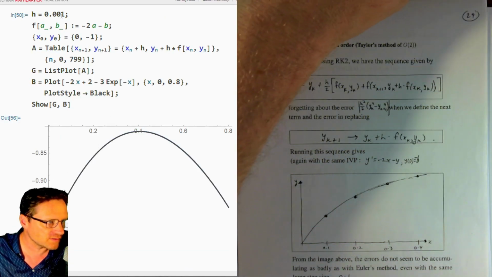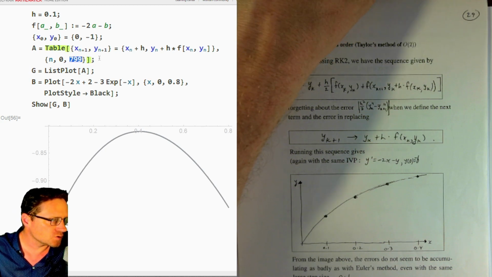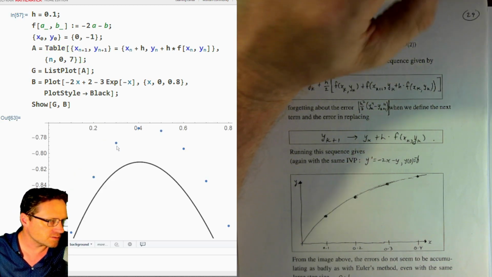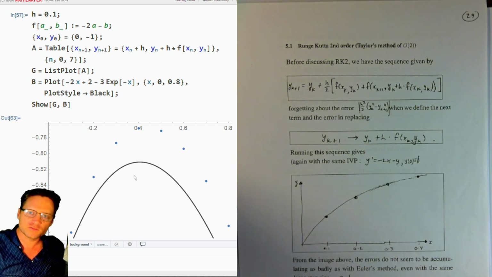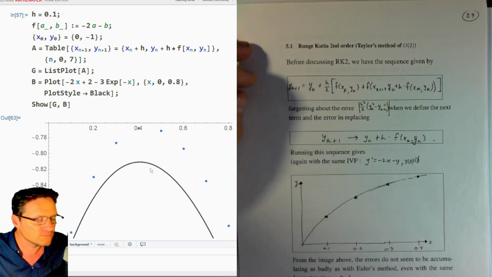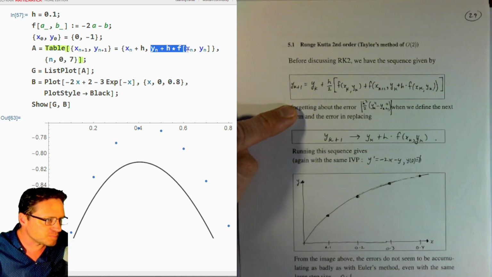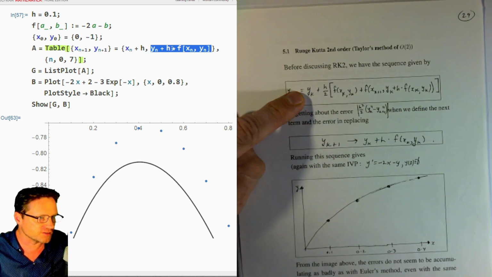Now what I want to do is take this back to 0.1 first, and so this would be 7. Okay, so this is what we got with a step size of 0.1 using Euler's method. So now I want to use the modified version of this. This part of it here that I'm highlighting is the part that is different in the modified version.